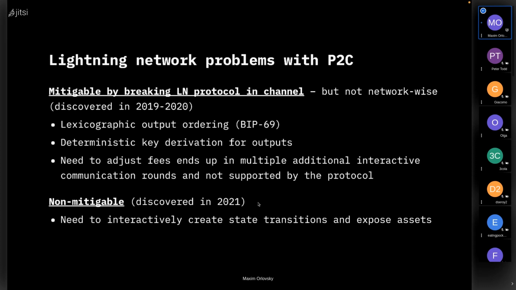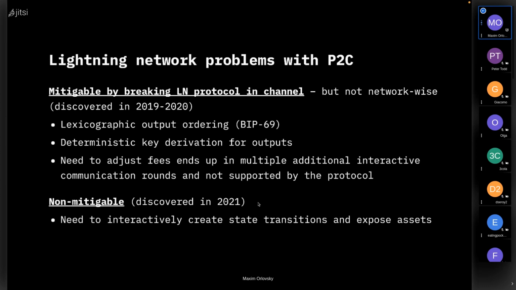These problems are actually addressable, because we need to make changes to the structure of the transaction, but basically we can say that Lightning channels operating RGB will have a custom transaction structure. By that, we mean that no lexicographic output ordering will be applied, there will be additional non-deterministic derivation with the tweaks, and the fees will be defined by a different algorithm. That requires surgical changes to the Lightning Network, but it is doable.